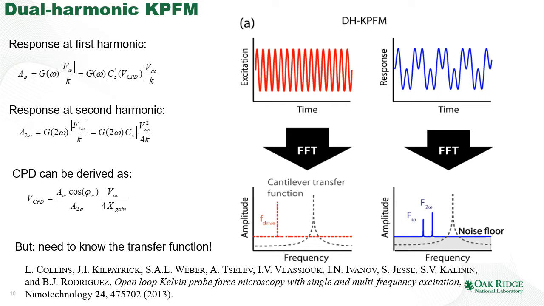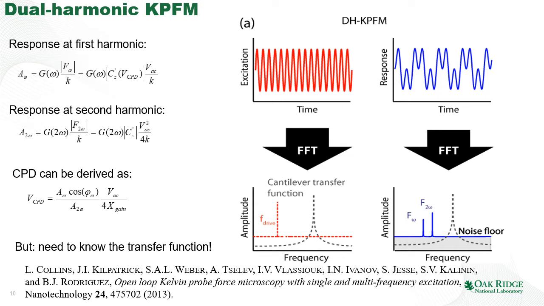So the idea here is that imagine that we excite the cantilever and tip with the periodic voltage. So in this case, we expect to have the response at the first harmonic due to the capacitive force, and this response will be proportional to the tip surface potential difference and the driving voltage acting on the cantilever.